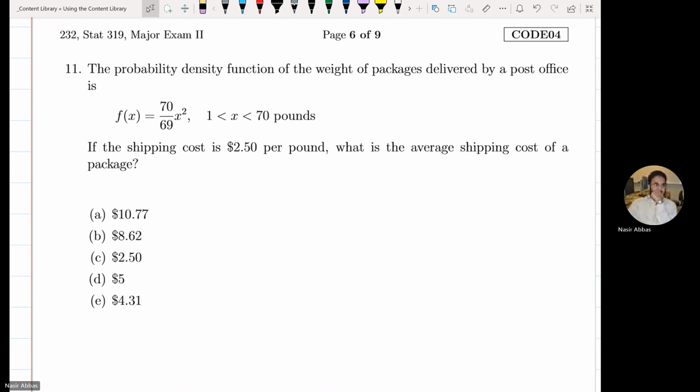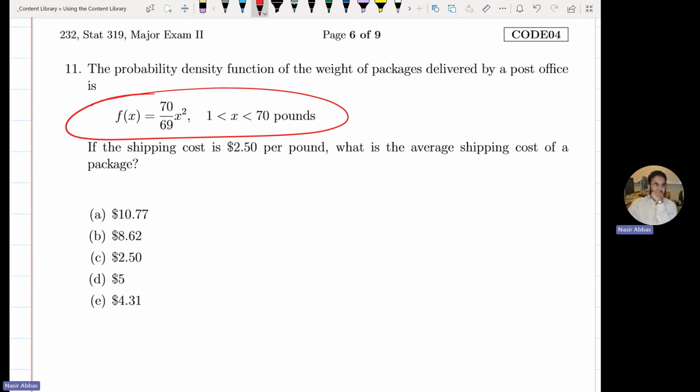11. The probability density function of the weight of packages delivered by a post office is this. The PDF of X is given. This is chapter 4, general case, where X does not follow a specific distribution, no exponential, no Weibull, no normal, no log normal, this distribution with no specific name, general case.